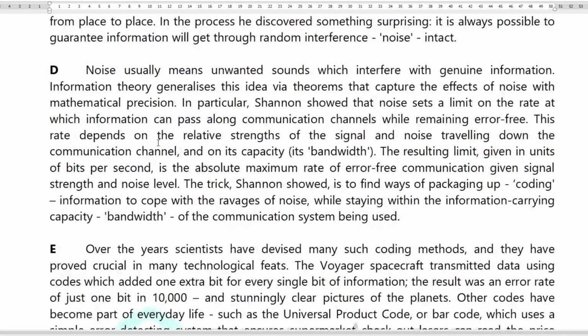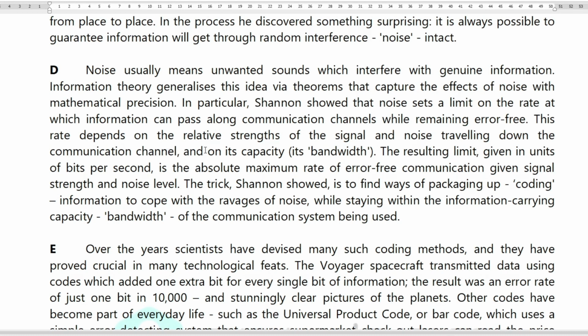Now going back to D. Noise usually means unwanted sounds which interfere with genuine information. Information theory generalizes this idea via theorems that capture the effect of noise with mathematical precision. In particular, Shannon showed that noise sets a limit on the rate at which information can pass along communication channels while remaining error-free.